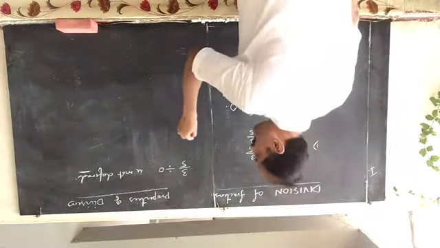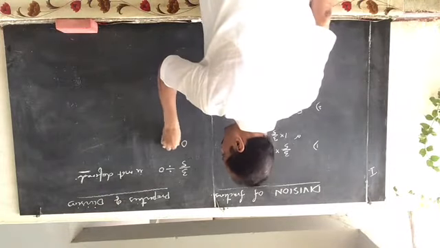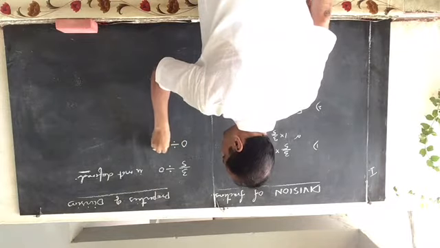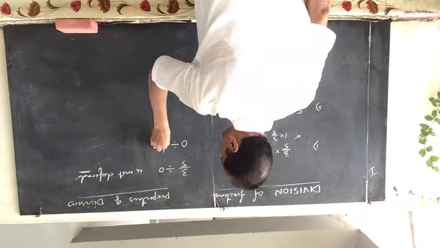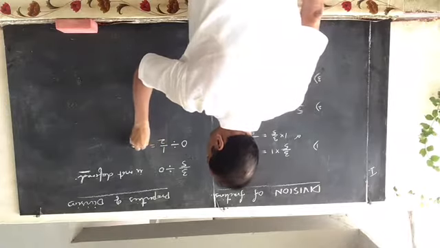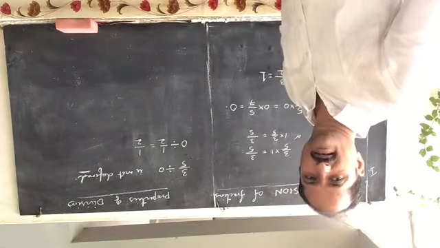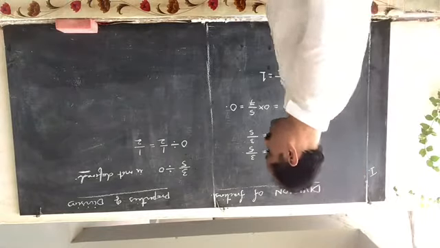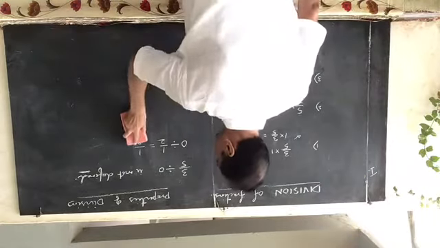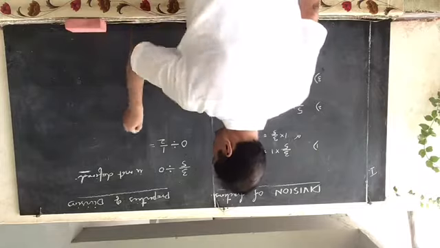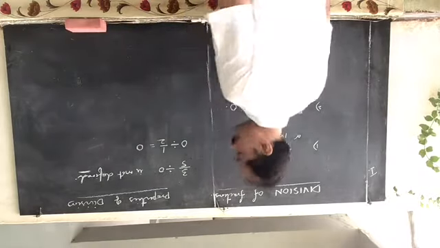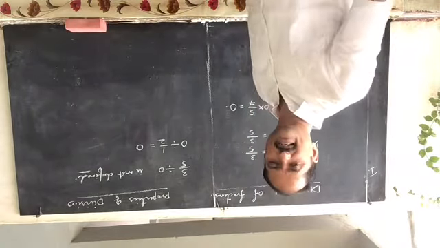Now, if you divide 0 by any number, 0 divided by 1/2, sorry, 0 divided by anything is 0.